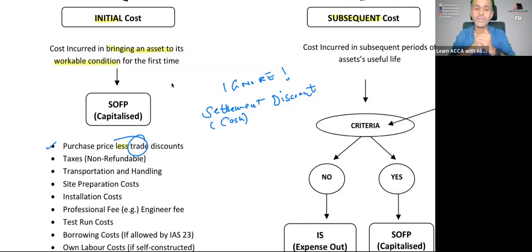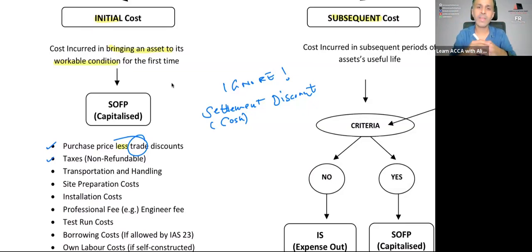Moving on to the next: taxes. If the machine has been purchased from abroad, you know that it has to come from another country by airport or by shipping.